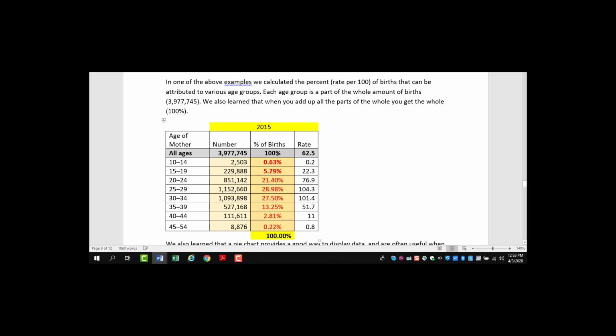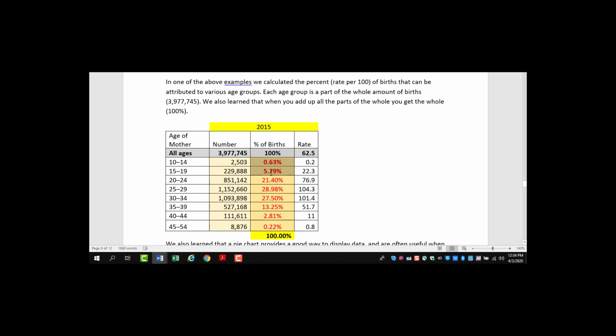So here is one of the above. This is what we got, right? If we finished this with the spreadsheet or by hand, we would get this. Each group is part of the whole. This is part of the whole, part of the whole, part of the whole. Each group is part of the whole amount of births. We also learned that when you add up all the parts of the whole, you get 100%, which would make sense.